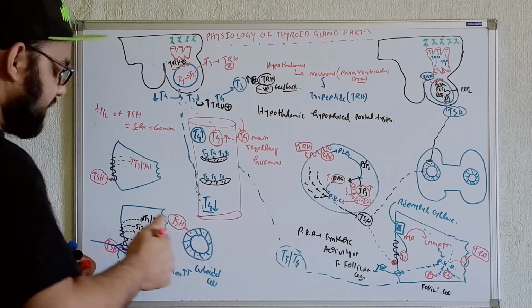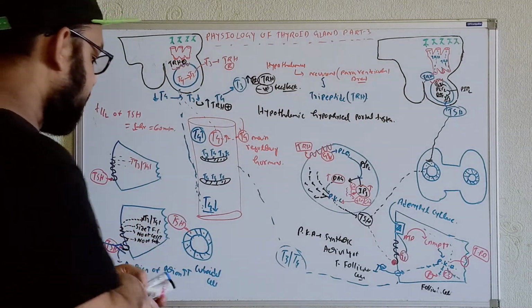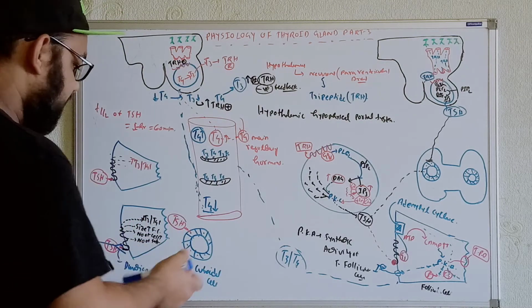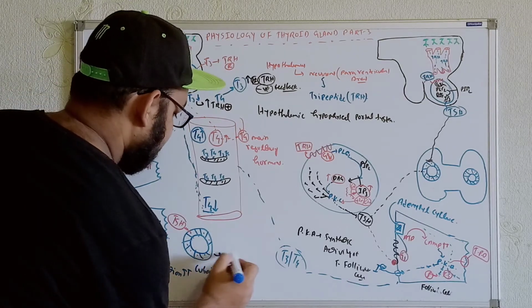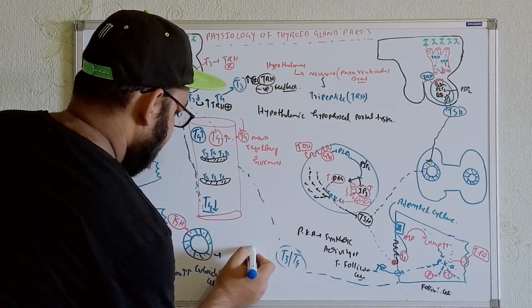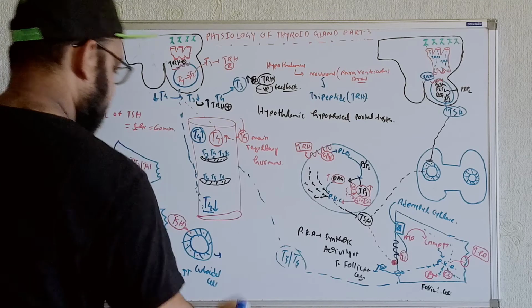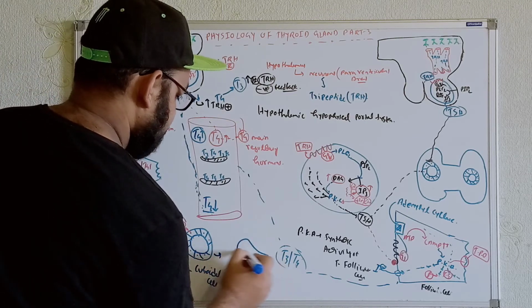See, the number of cells will be increased, the size of the cells will be increased. So if we show it over here, ultimately we will get, okay, let's use this curve.